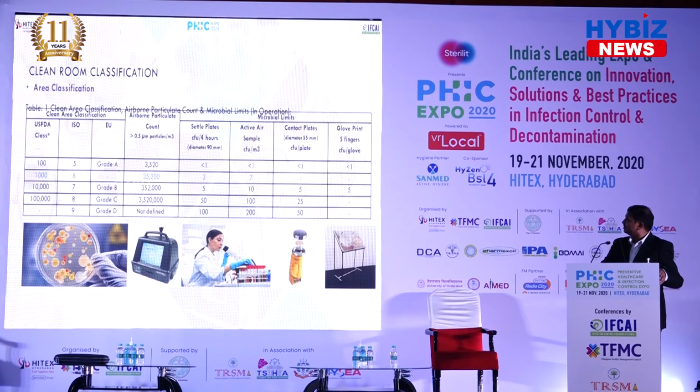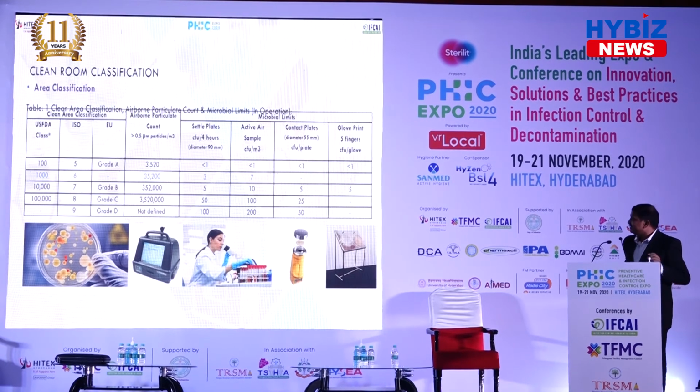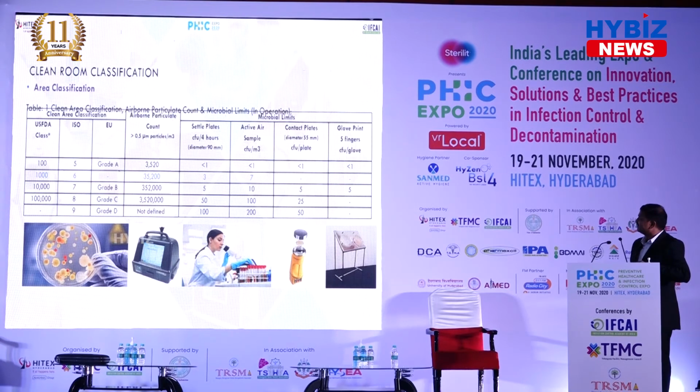For microbial monitoring, 4 types of methods are followed: settle plate, active air sampling, contact plates, and surface monitoring. Settle plates are monitored for 4 hours with a 90 mm plate, and the limits are: for grade A it is less than 1, for grade B it is 5, for grade C it is 50, and for grade D it is 100.